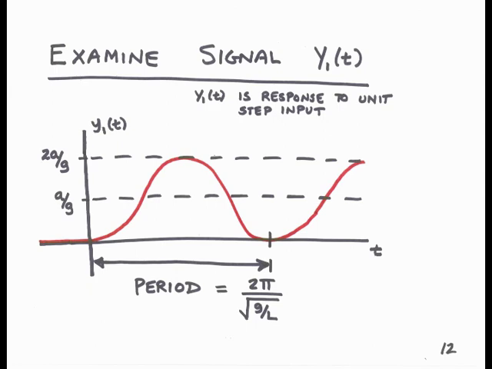And you'll note that it goes from 0 to 2a over g in terms of its maximum amplitude. Its average value is a over g. As we noted before, a over g is unitless, and y1 of t is an angle, also unitless.